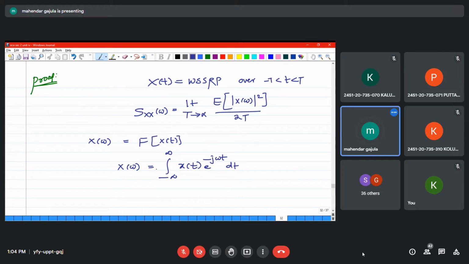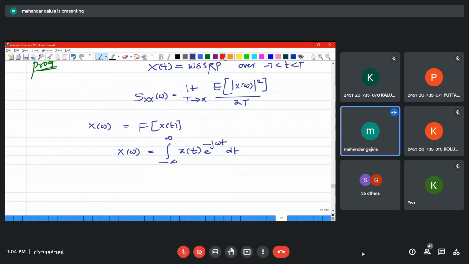Let us say this is equation 1. In equation 1, what we have to find? Mod X omega square. This is unknown. After finding this, let us apply expectation of mod X omega square.